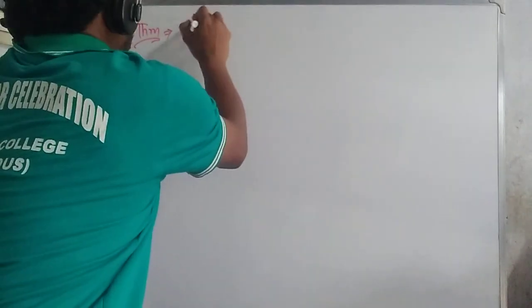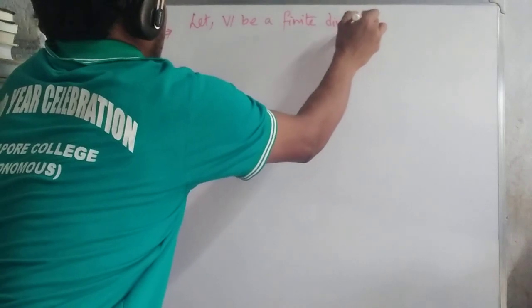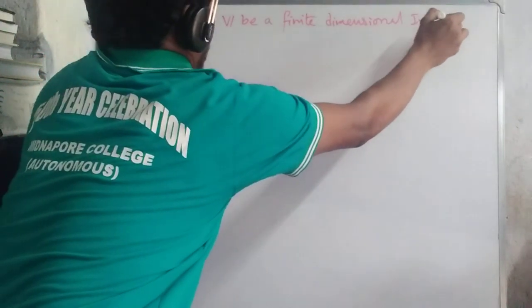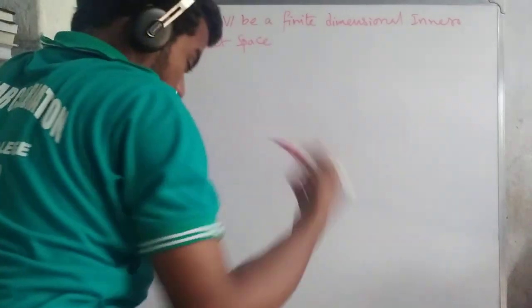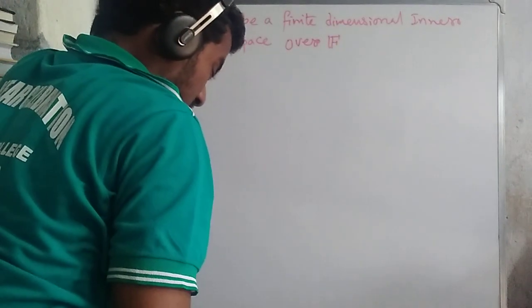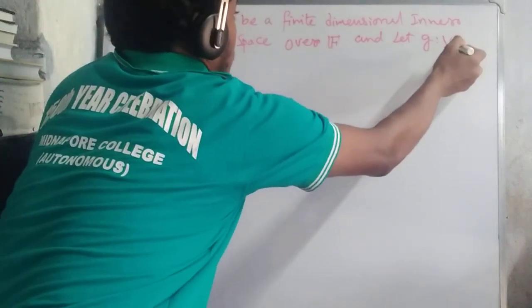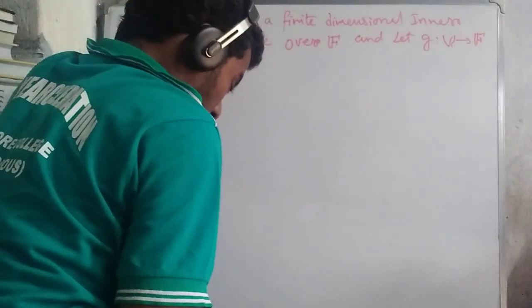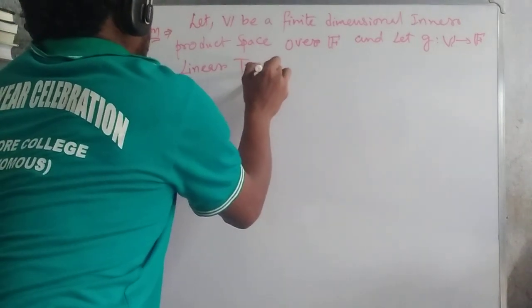Here we write the theorem. Let V be a finite dimensional inner product space over F, and let g from V to F be a linear transformation.